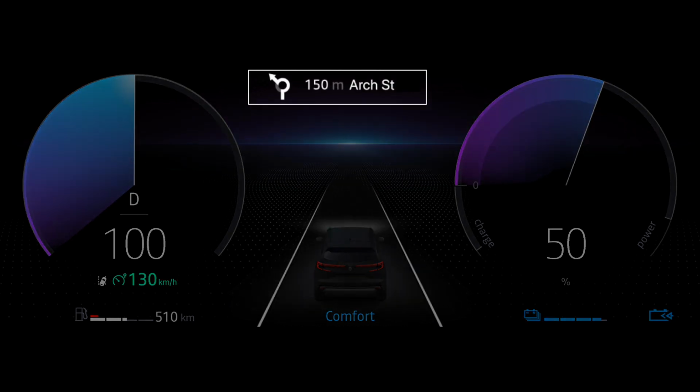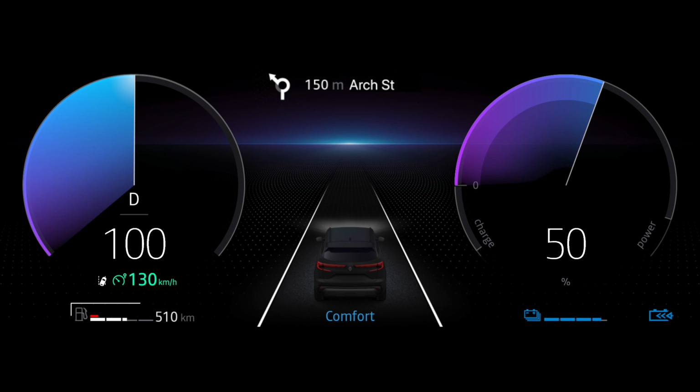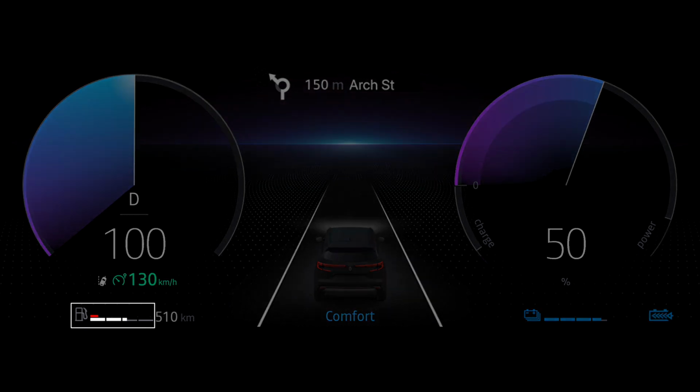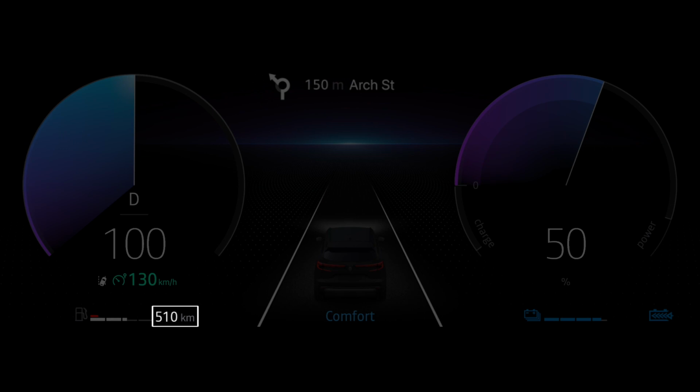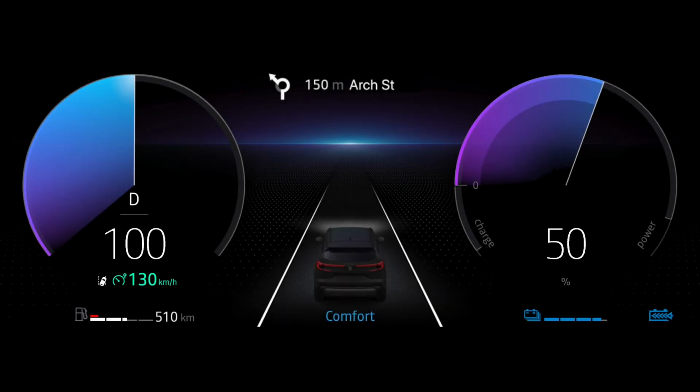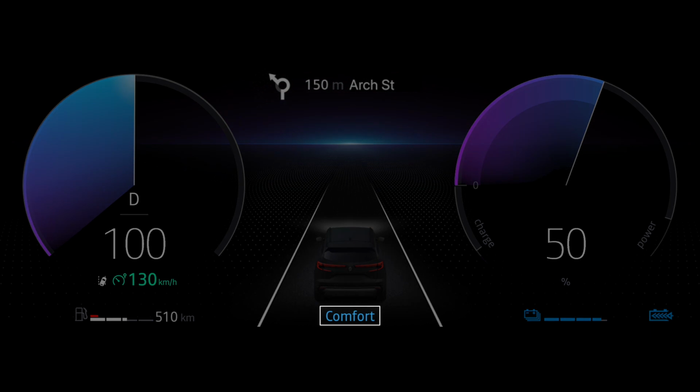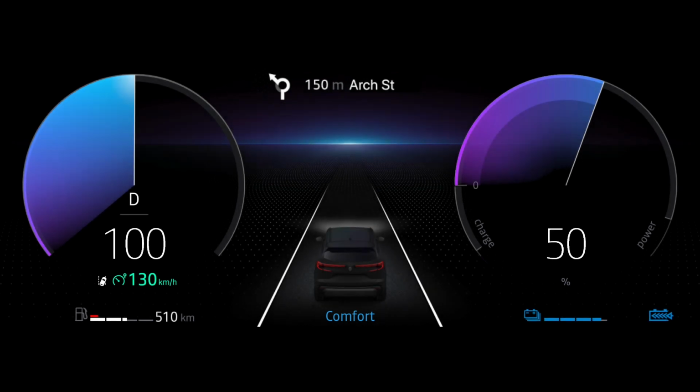You can see instructions for the current navigation at the top of the screen. The fuel level indicator and your forecast range are shown at the bottom of the screen. The current multi-sense mode is shown here.